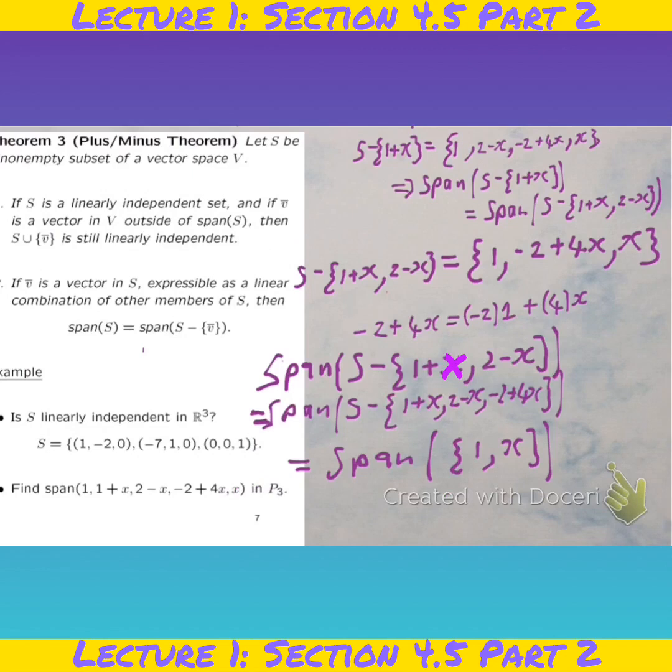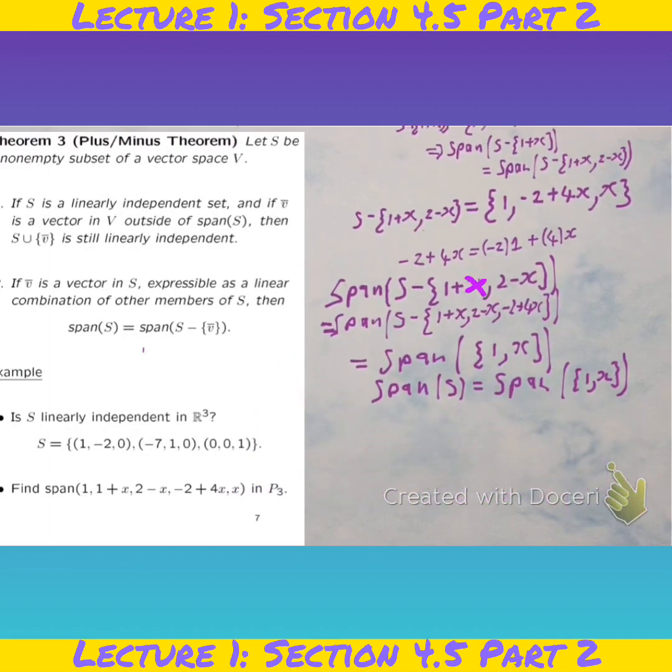The answer is no. So that's as far as I can go. I can't remove any further vectors. So what is the span of S then? The span of S is just the span of the set consisting of 1 and x.